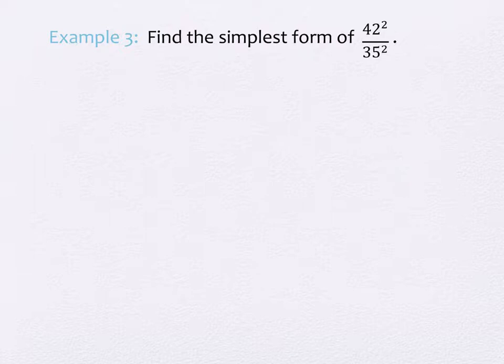All right, take a look at this one. This says 42 squared over 35 squared. And the directions ask you to find the simplest form. Now let me give you one word of caution. When we talk about finding the simplest form, we're asking ourselves, what can I simplify the numerator and the denominator by with division or multiplication, right?